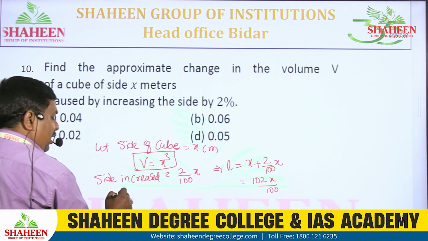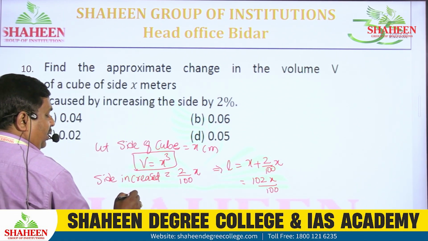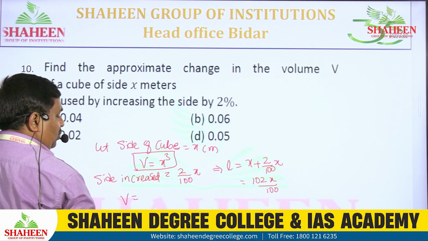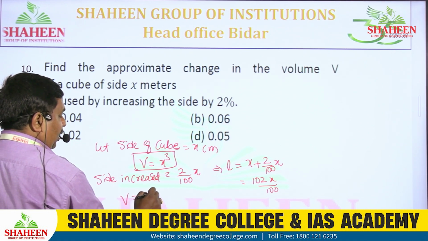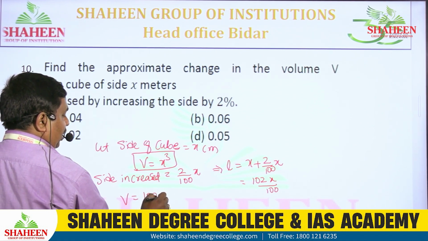Now the volume of the new cube becomes V is equal to 102 x by 100 whole cube.